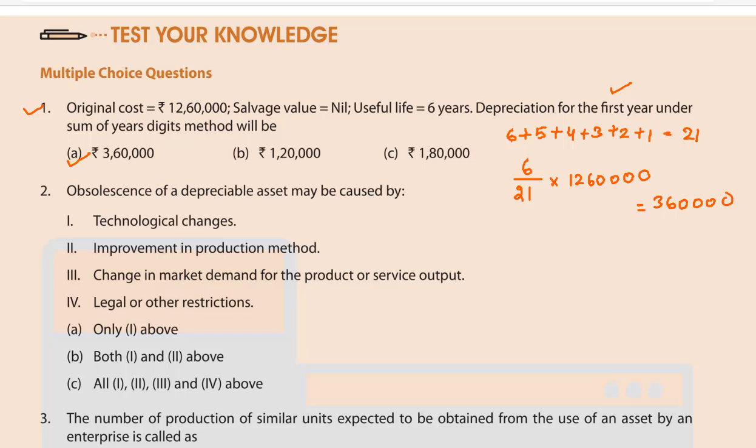Options are A. Only first, B. Both first and second, and C. All of the above, 1, 2, 3, 4.